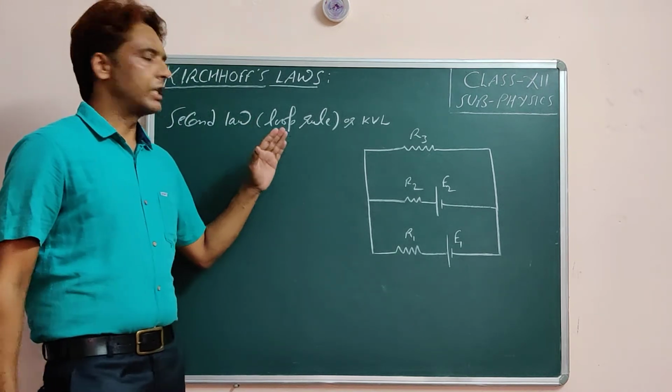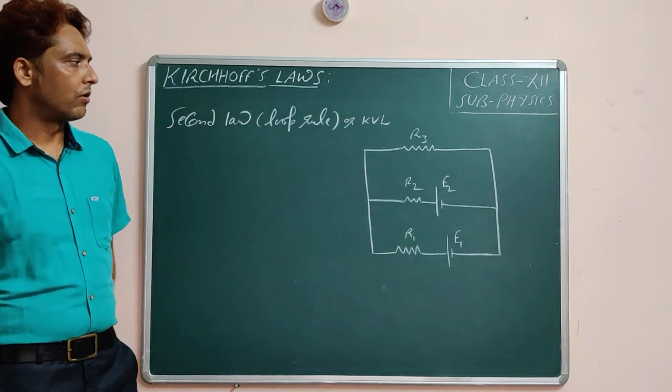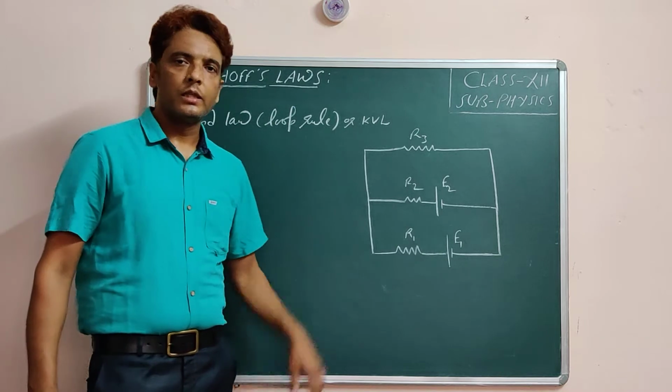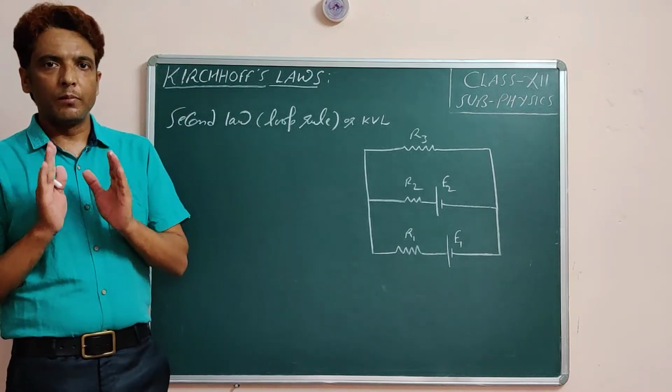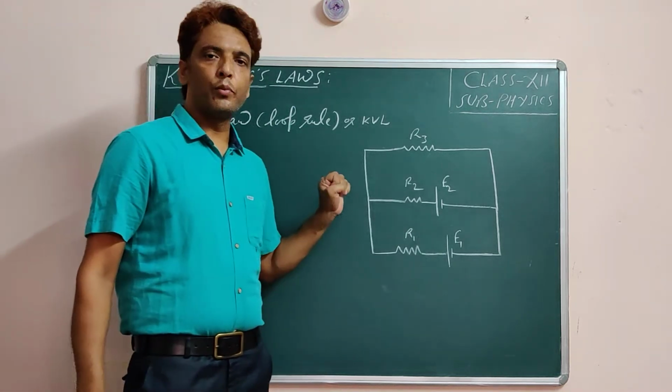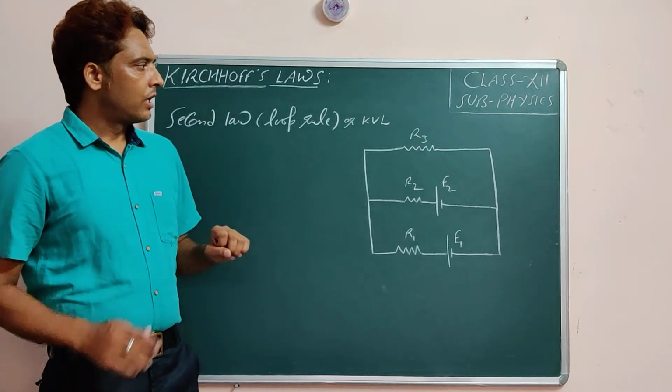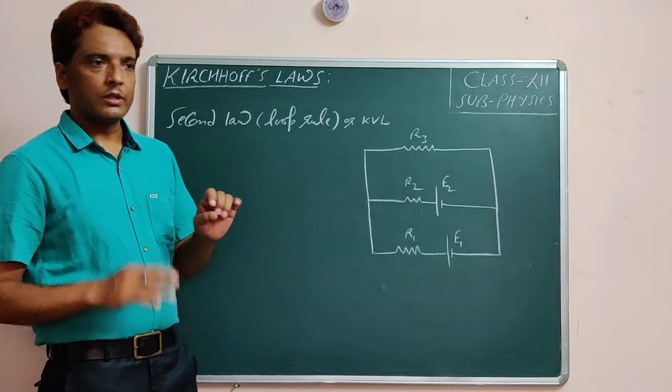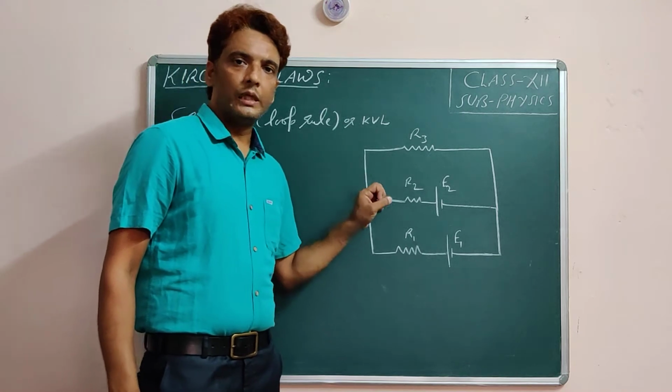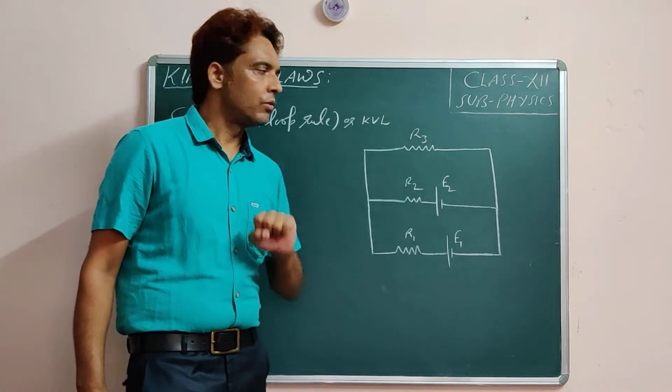Now, what is the statement of this second law? It states that the algebraic sum of change in potential across any network in a closed loop is always equal to 0.